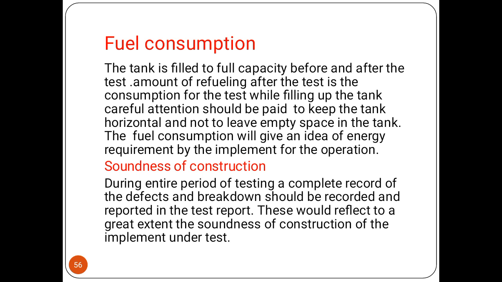Now the fuel consumption: the tank is filled to fuel capacity before the test, and the amount of refilling after the test gives the consumption. While filling up the tank, careful attention should be paid to keep the tank horizontal and not leave any empty space in the tank, and the fuel consumption will give the idea of the energy required by the implement for the operation.